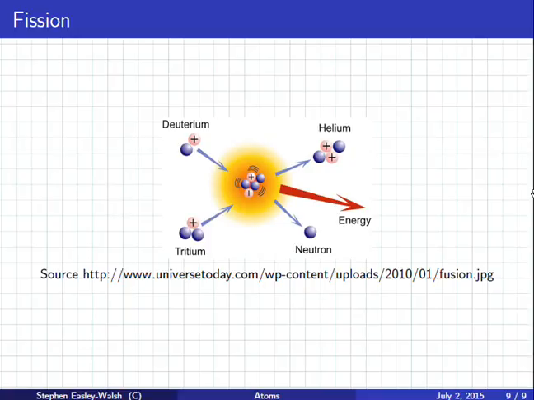Now what do you think makes the hydrogen come together? What pushes the hydrogen together to make helium and energy? What force? Here, let me give you a clue. Gravity. So gravity takes the hydrogen and pushes it together.